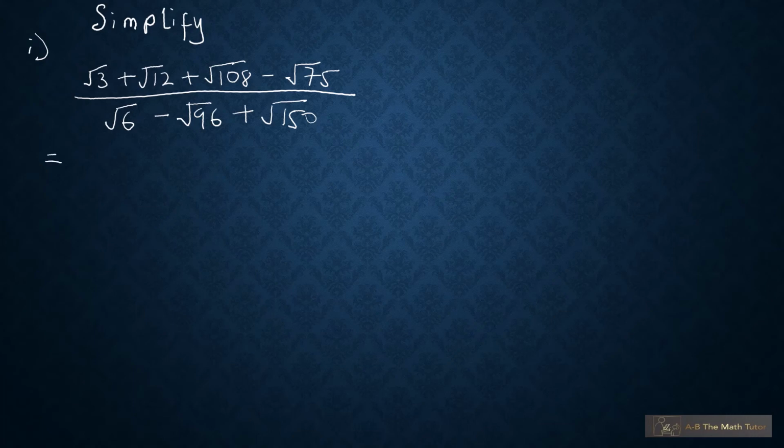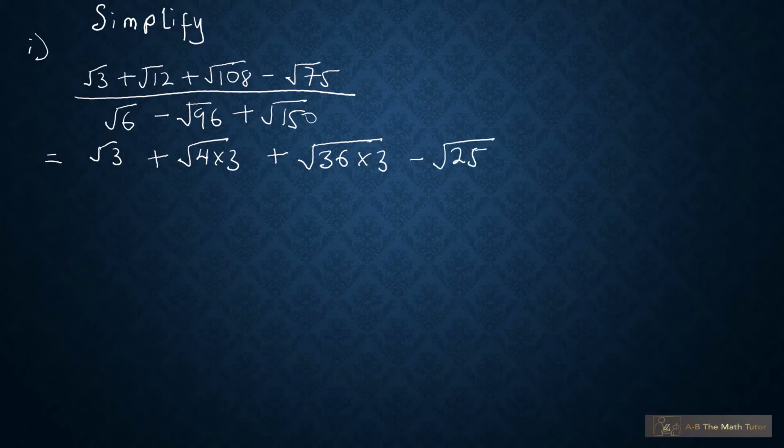Alright, let's go through it. So we'll simply go ahead and simplify these sets. So we have root 3, and root 12 can be written as root 4 times 3, plus root 108 can be written as root 36 times 3, minus root 25 times 3, which represents root 75.